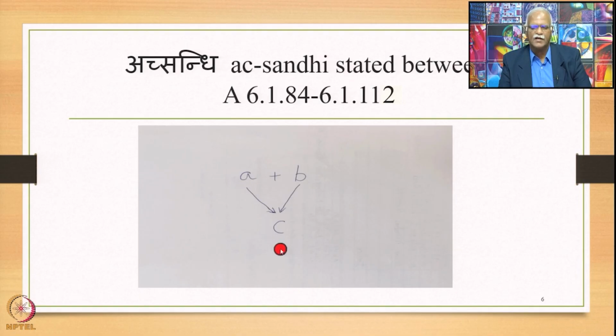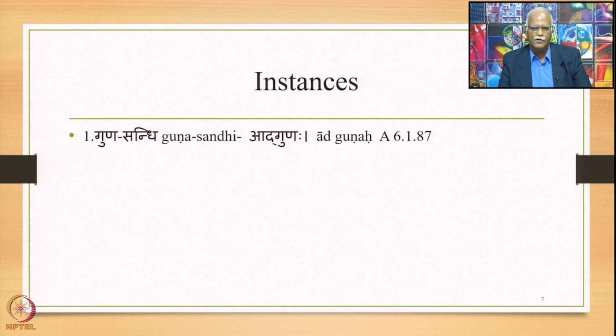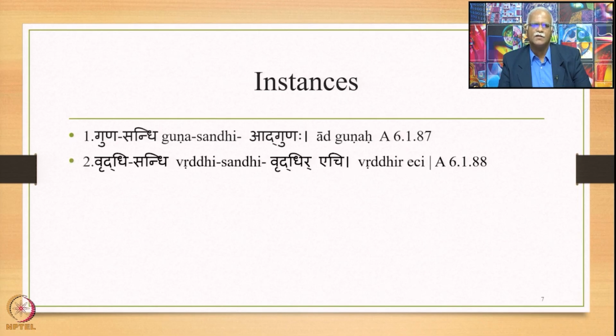In case of Ekasthanika Ekadesha, we observed that we have A plus B as the input and the output is C plus B. This is the primary difference between Ekasthanika Ekadesha and Dvisthanika Ekadesha. There are 5 instances of Dvisthanika Ekadesha. The first one is Guna Sandhi stated by Adgunaha 6.1.87. The second one is Vriddhi Sandhi stated by the Sutra Vriddhirechi 6.1.88.